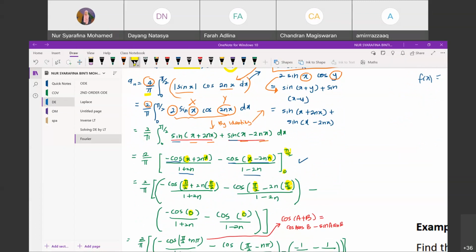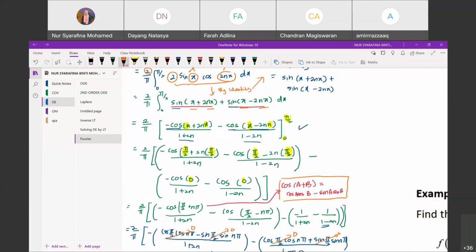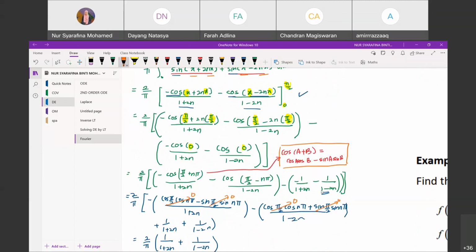So this cos(pi over 2 plus n pi) can be reduced using another identity. cos(A plus B) equals cos A cos B minus sin A sin B, where initially it is cos(pi over 2 plus n pi) and cos(pi over 2 minus n pi).